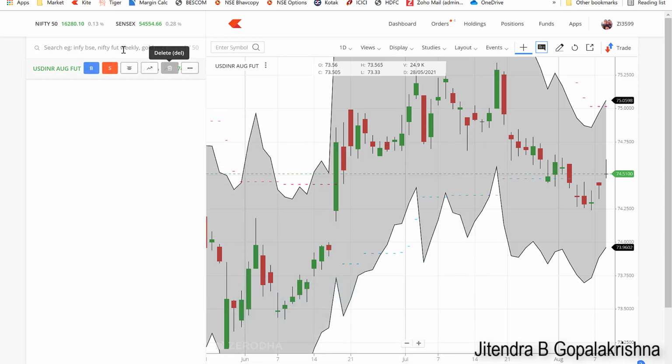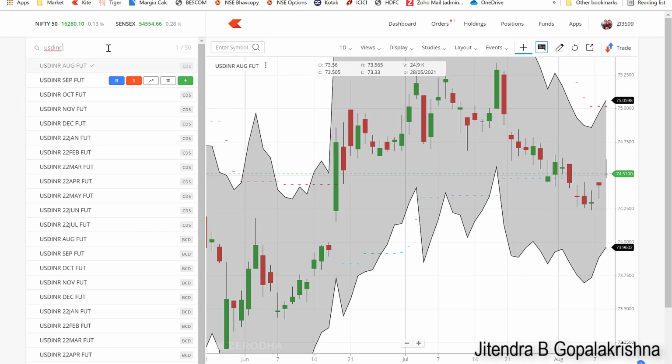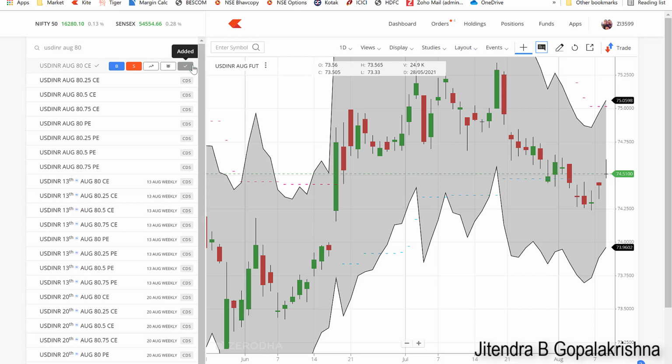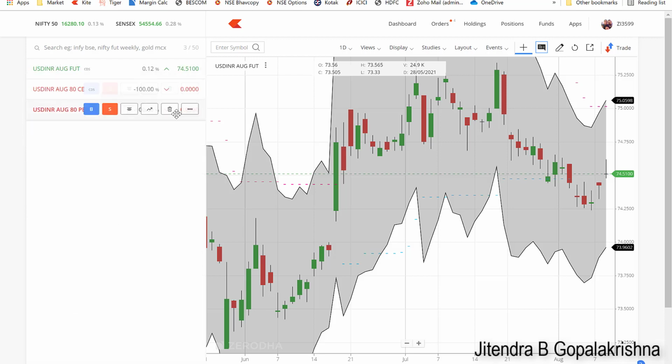Now, if I try to look at USD INR and August and say 80 rupees, you get 80 rupees CE and there is an 80 rupees PE as well. And if I see, it is showing 0 because there is hardly any trade happening in options.